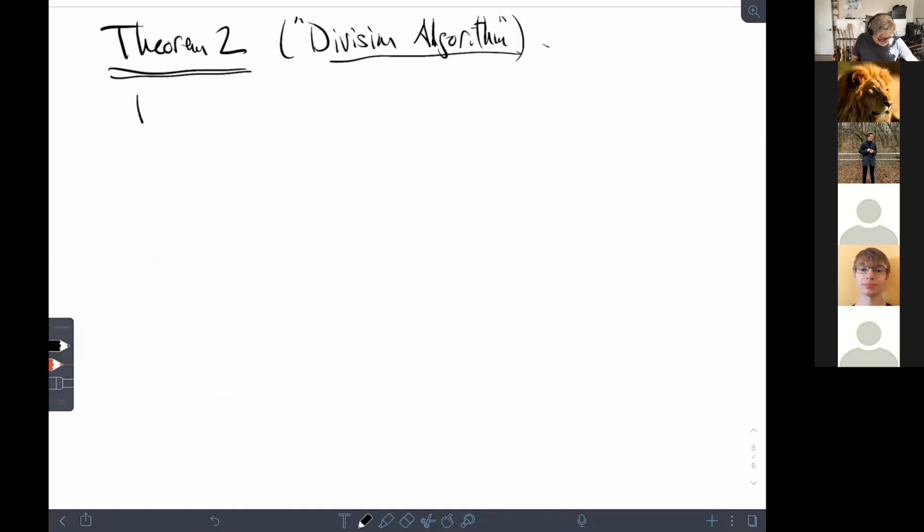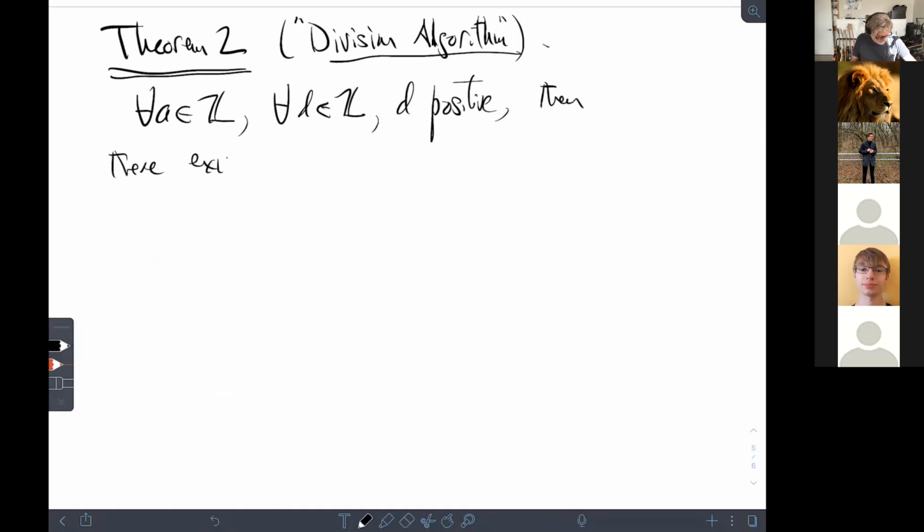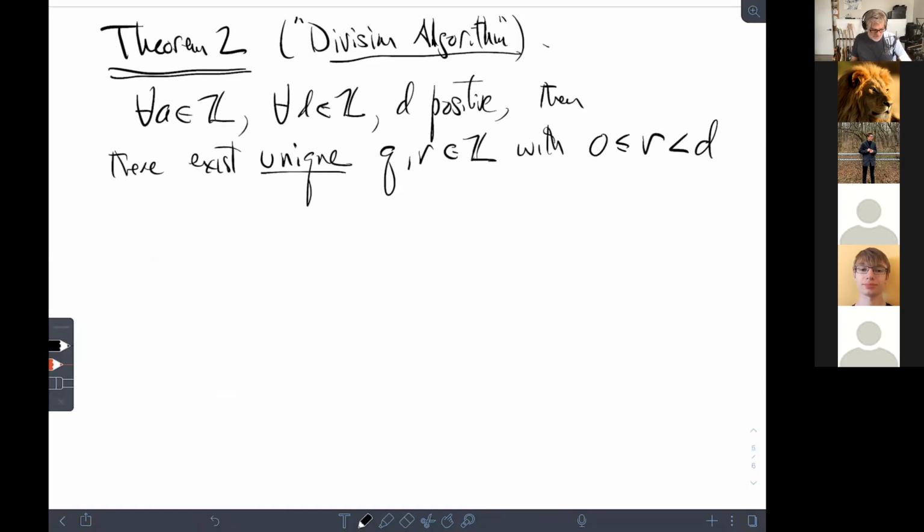Here's the statement. If you take any integer a, and you take any other integer d, but d is positive, I'll write it in words here, then there exist unique, and this is super important, q and r integers with r greater or equal to 0 but strictly less than d, such that, I know it's awful, eh?